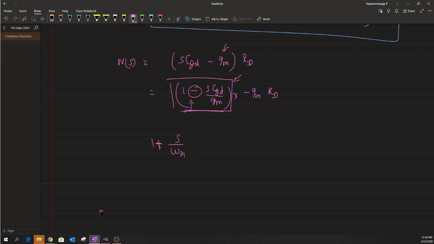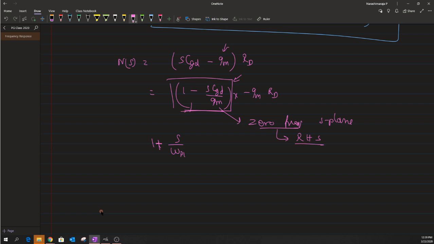So this means that when I try to plot this zero frequency in the S plane, this zero frequency will appear on the right half of the S plane. We will have a deep discussion about it. Probably I will share the video about stability after this, where we'll discuss the complications introduced by this zero towards the right half of the S plane.